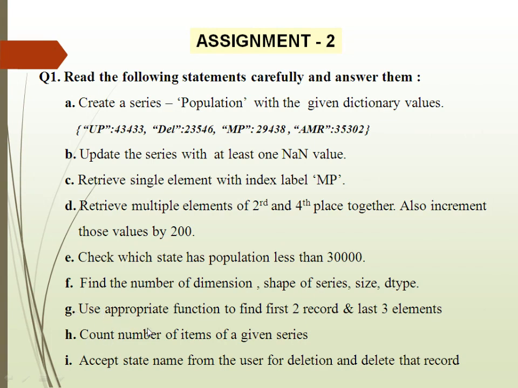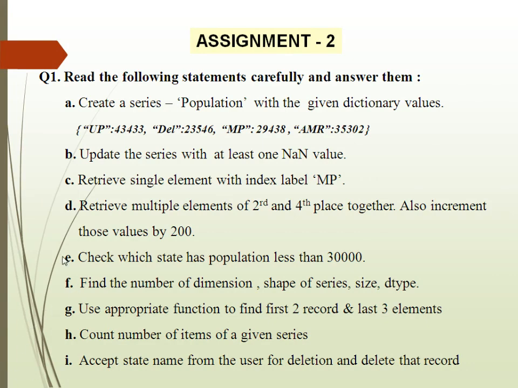With the help of functions only. Next, H part. Count the number of items of a given series. So from the given series, you have to count the number of items. Clear? Remember, your function excludes NaN values. Don't get upset.